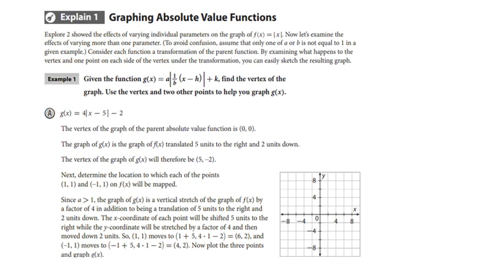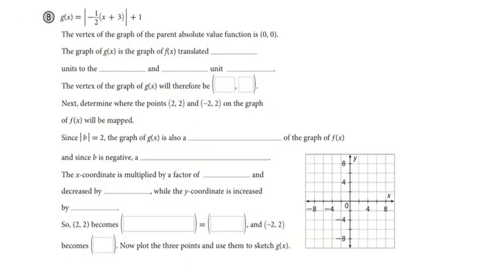Okay, graphing absolute value functions. I don't want to do too much here. Let's just go through here. Do part B here. We have g of x equals absolute value of negative 1/2 x plus 3 plus 1. And what this is going to do, we'll just follow this.